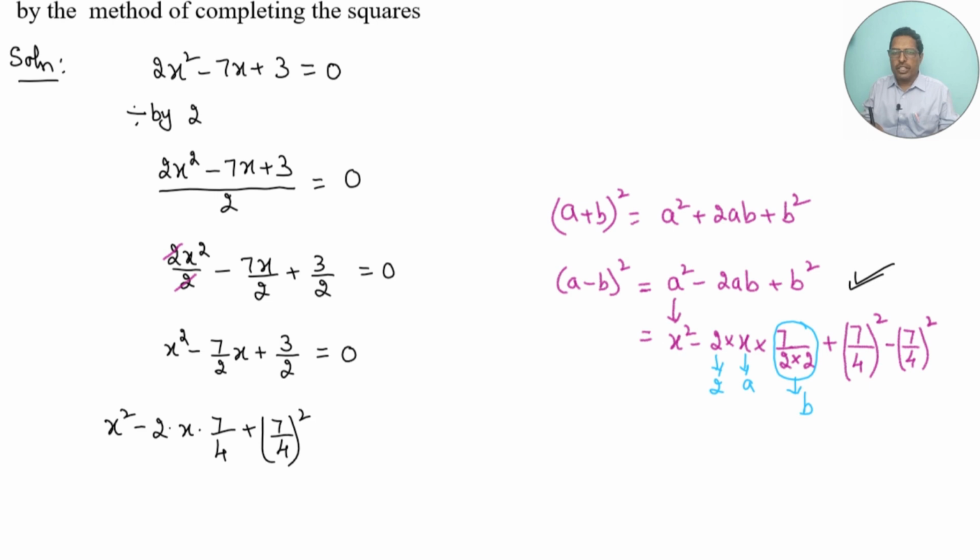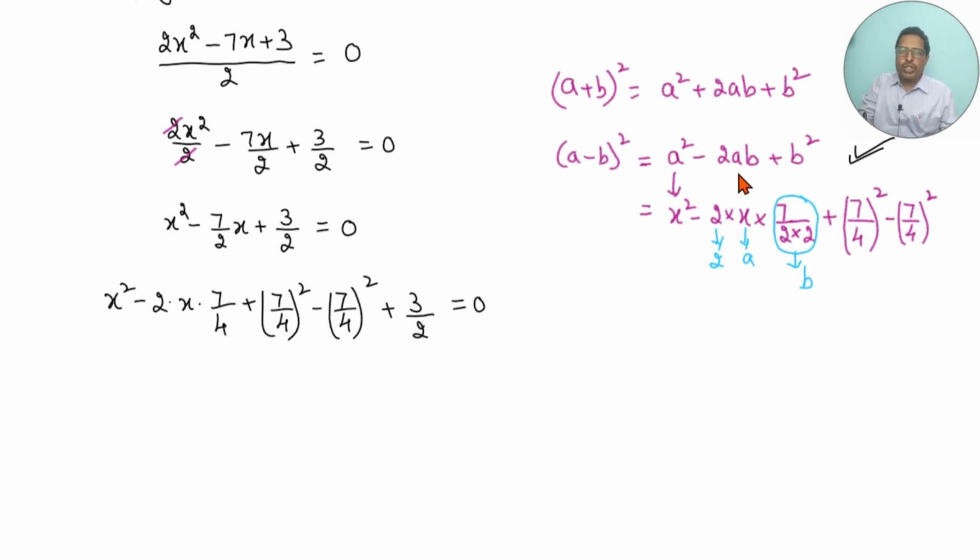This is something additional I am adding, so to subtract it I write minus 7 by 4 whole square. Only these two terms have been expressed, and these two terms will cancel out. The last term is plus 3 by 2 as it is, equals 0.